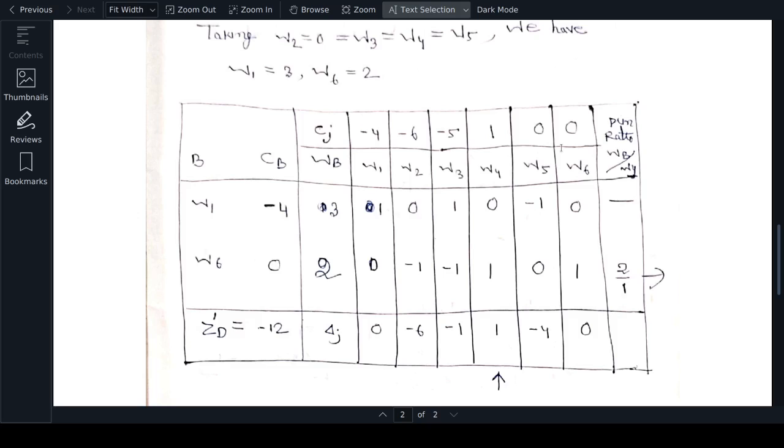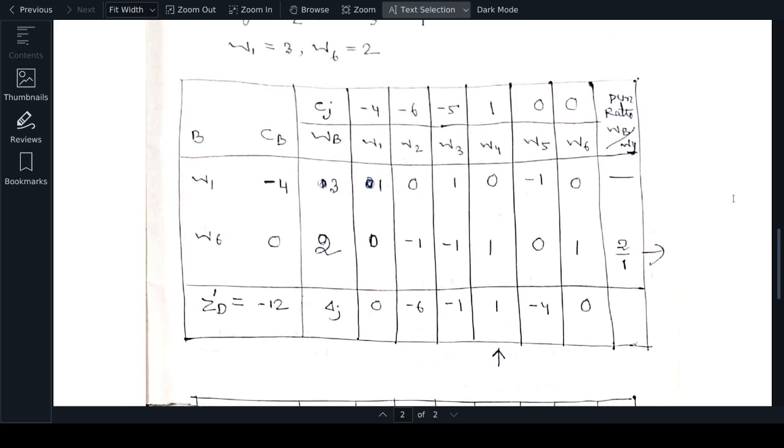The first ratio is infinity, so we will not write it. The second ratio is 2 by 1, which means 2. So this is our minimum ratio row, meaning the key row. Here the intersecting element is 1, which means the outgoing vector will be W6 and the intersecting element is 1.